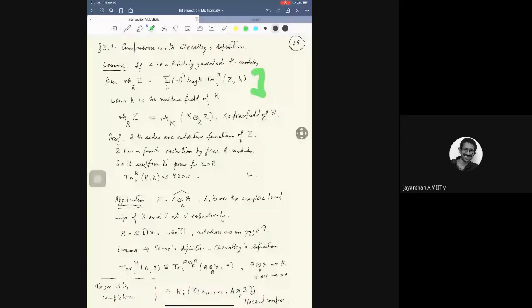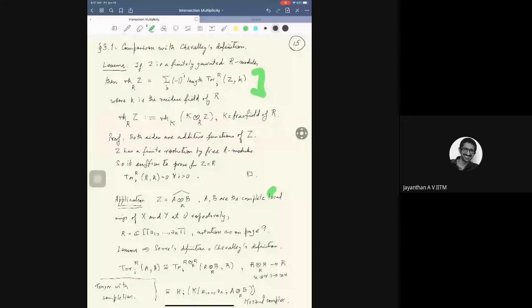On the other hand, if I take any Z, I can take a resolution by free modules. So in fact there is only one module you need to check it for, and that is the ring R itself, because a free module is just a certain number of copies of R. And for the ring R, the rank of R is 1, and all these Tors vanish except for i equals 0, where you get 1. Okay, so it comes down almost immediately to Chevalley's definition.